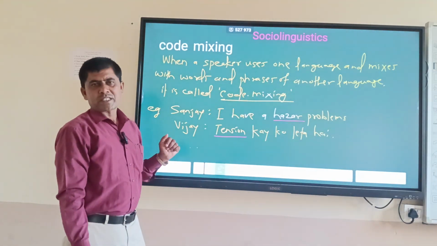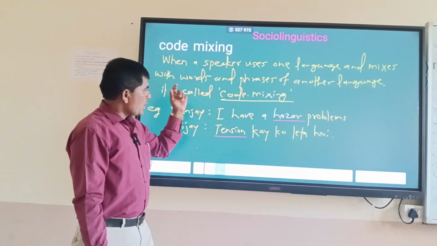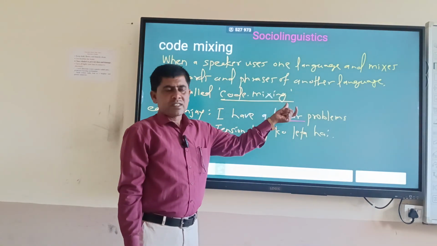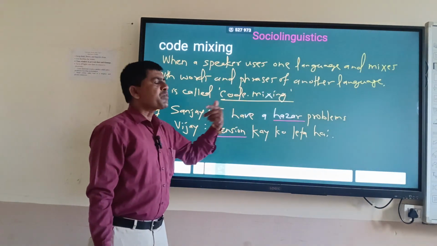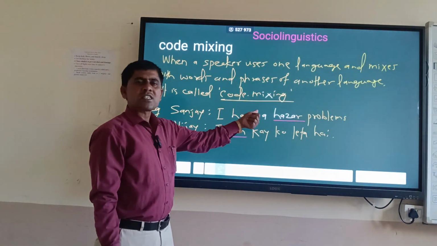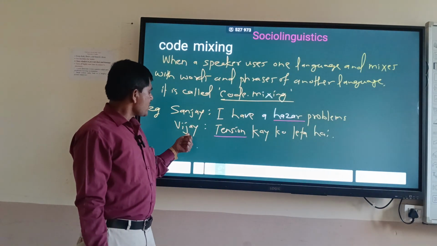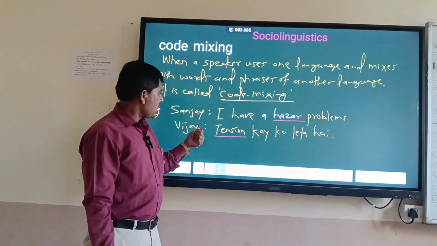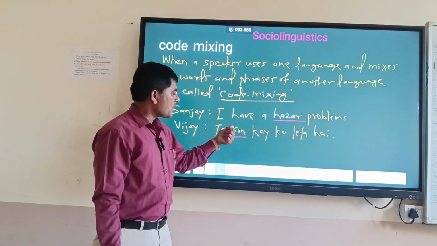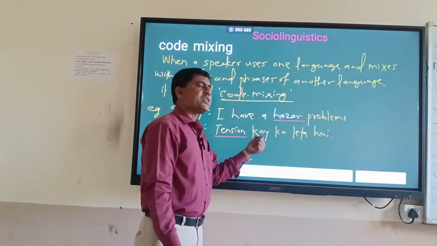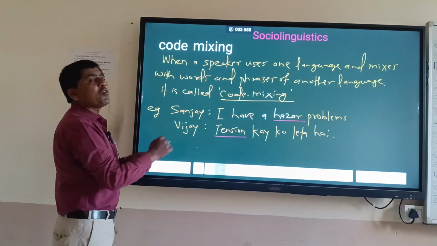So Sanjay's one word hazar can attract your attention. Instead of saying I have 1,000 problems, Sanjay says I have hazar problems. And Vijay, instead of using another Hindi word, uses an English word. So this is called code mixing.